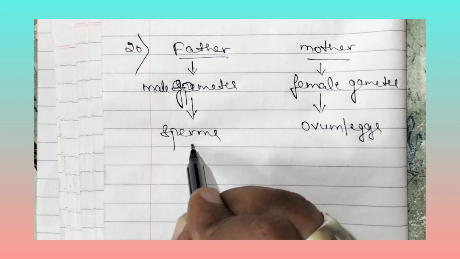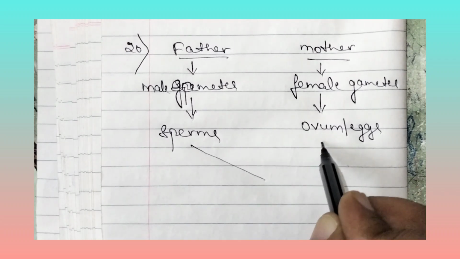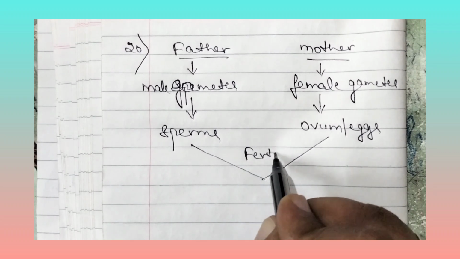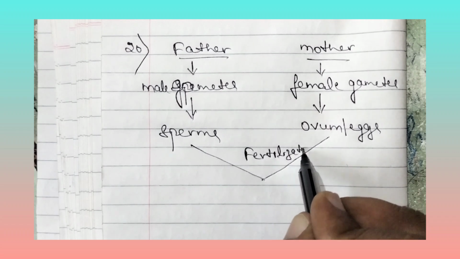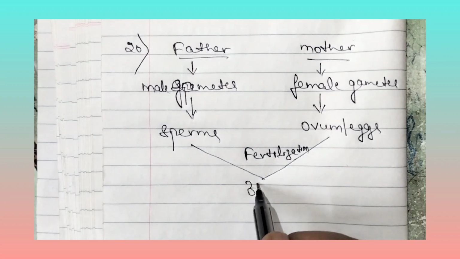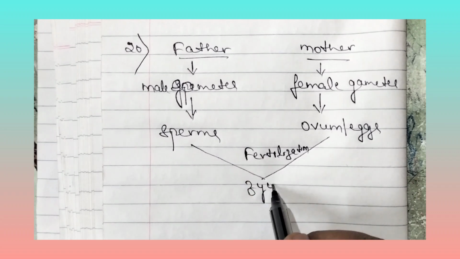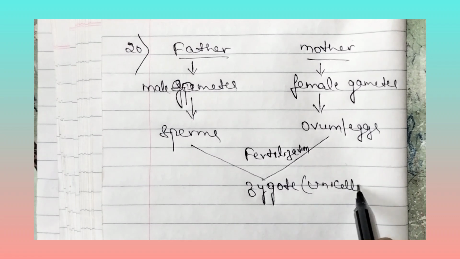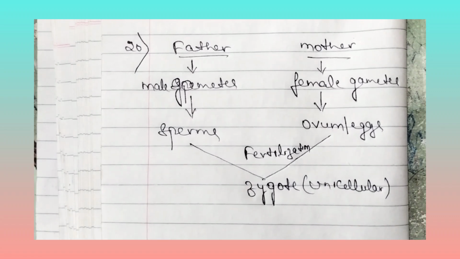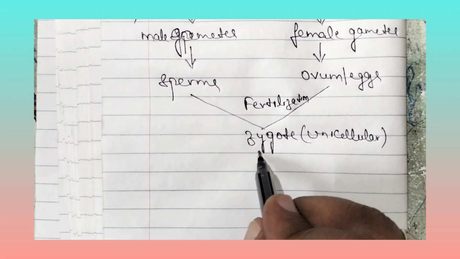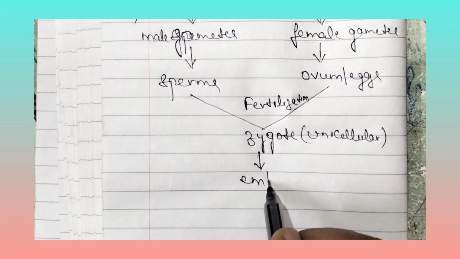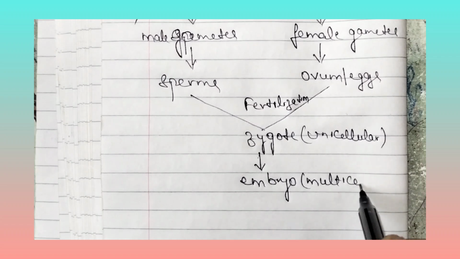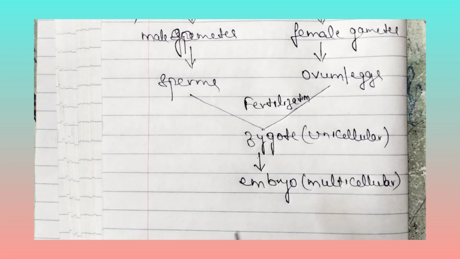So during intercourse, the sperm and the egg will get fused. So here fertilization will take place. During fertilization, both sperm and egg will fuse to form zygote. So zygote is a unicellular structure. And these zygotes will divide to become a multicellular structure, that is embryo.